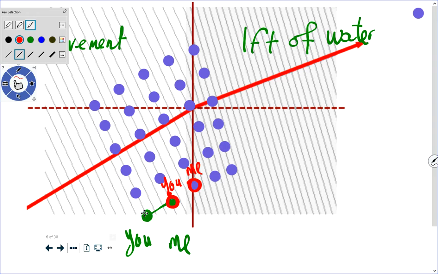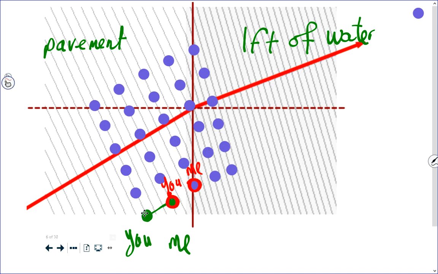And as a result, my speed is going to decrease as soon as I hit the water, but your speed will not decrease. You're going to continue to move just as fast as you were. So imagine that you're marching behind me at a certain speed, and you're going to keep that speed going, but all of a sudden I slow down. The result is that we're going to get closer together.